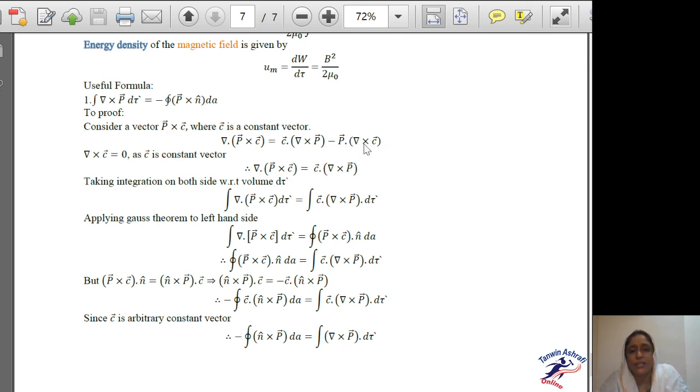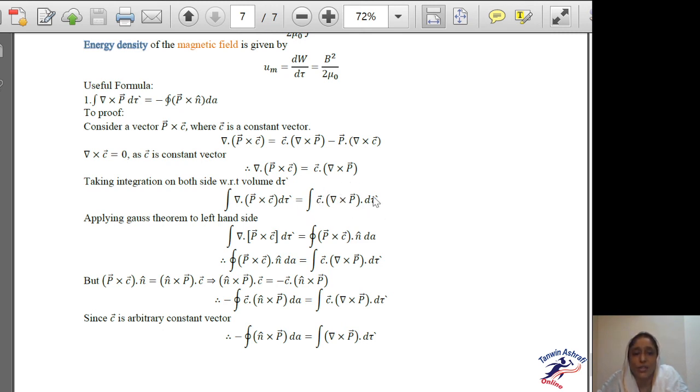Now, since C is a constant quantity, its cross product with del is equal to 0. What remains is del dot P cross C is equal to C dot del cross P. Now, taking the integration on both sides with respect to volume, we will have integration of del dot P cross C d tau equal to integration of C dot del cross P over the volume d tau.